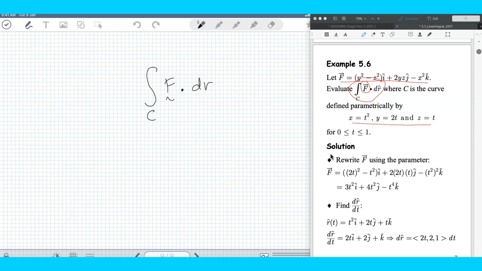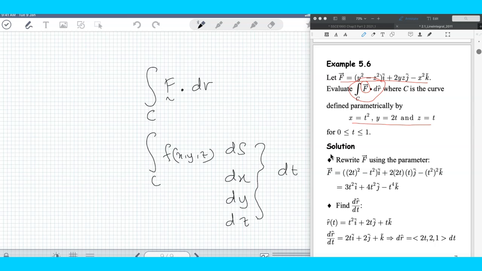Compared with what we have discussed before, you have the line integral as well, but your function is in scalar form. So you have just f, small f, and you have ds, or maybe dx, dy, or dz, where you need to transform into dt.